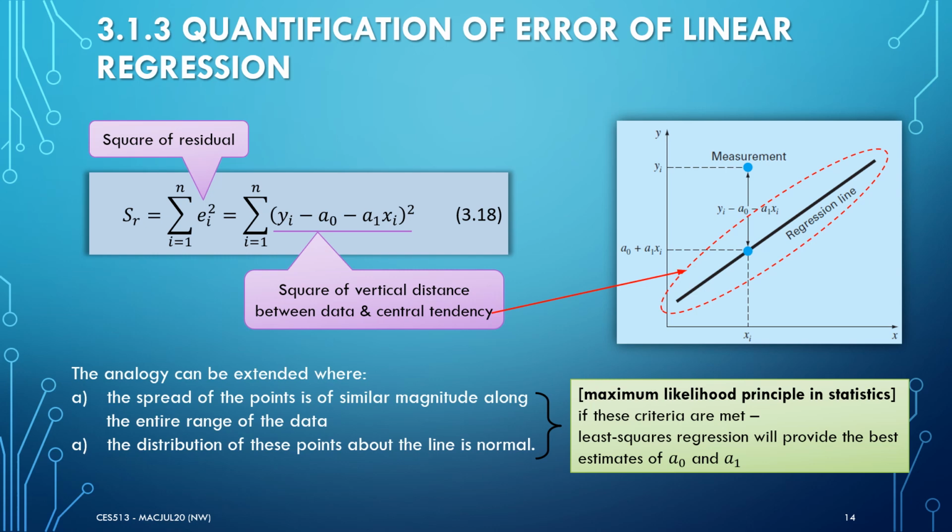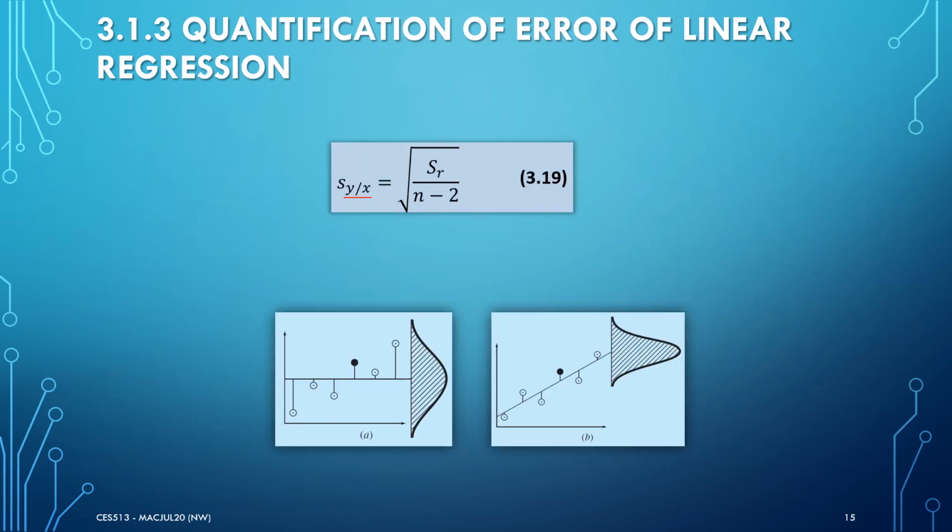If these criteria are met, least square regression will provide the best estimates of A naught and A1. This is called the maximum likelihood principle in statistics. In addition, if these criteria are met, a standard deviation for the regression line can be determined as S y/x equal to the square root of SR divided by n minus 2, where S y/x is called the standard error of the estimate.